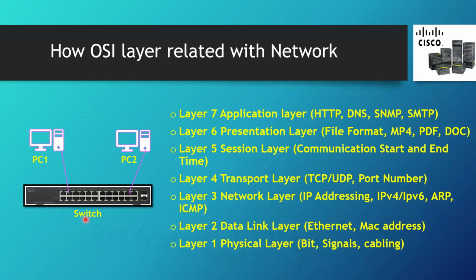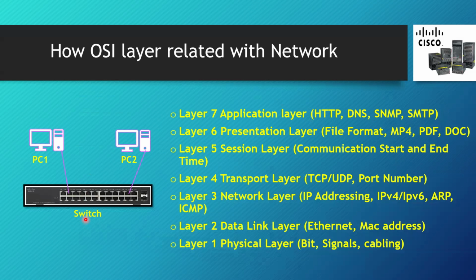Then in the backend, for any communication you do, a session will be there. The presentation layer will produce the file format and the application layer will be there, so the user can read those file formats. So all these 7 layers are very important.